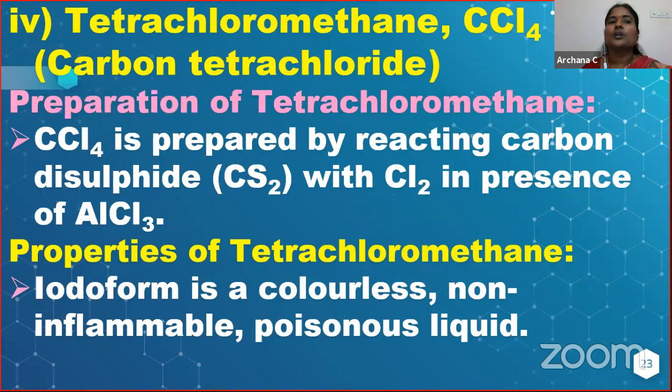Next, we can move on to carbon tetrachloride. All the hydrogens in methane are replaced by chlorines. What is the formula for carbon tetrachloride? CCl4. It is prepared by reacting carbon disulfide with chlorine in presence of aluminum trichloride, and you get carbon tetrachloride.